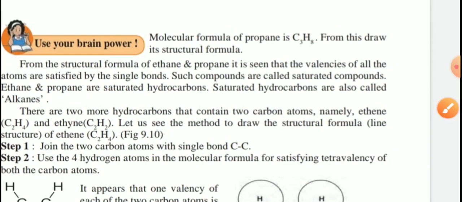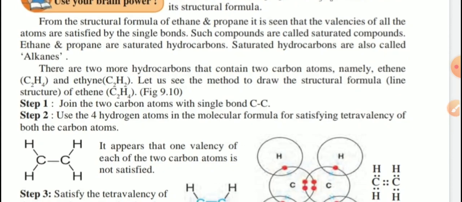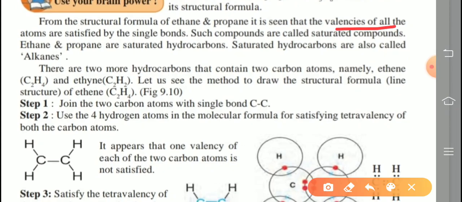Next. From the structural formula of ethane and propane, it is seen that valencies of all atoms are satisfied by the single bond. Such compounds are called saturated compounds. Mark there. What do you mean by saturated compounds? So mark the answer from here.